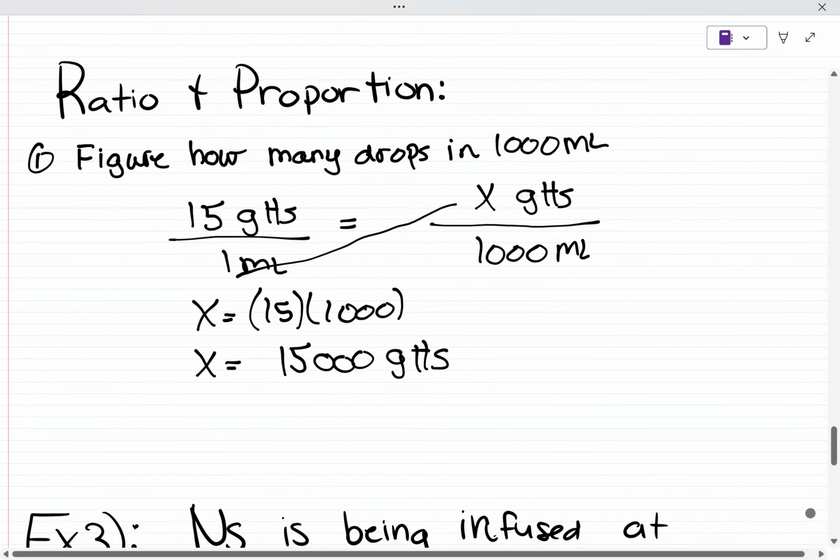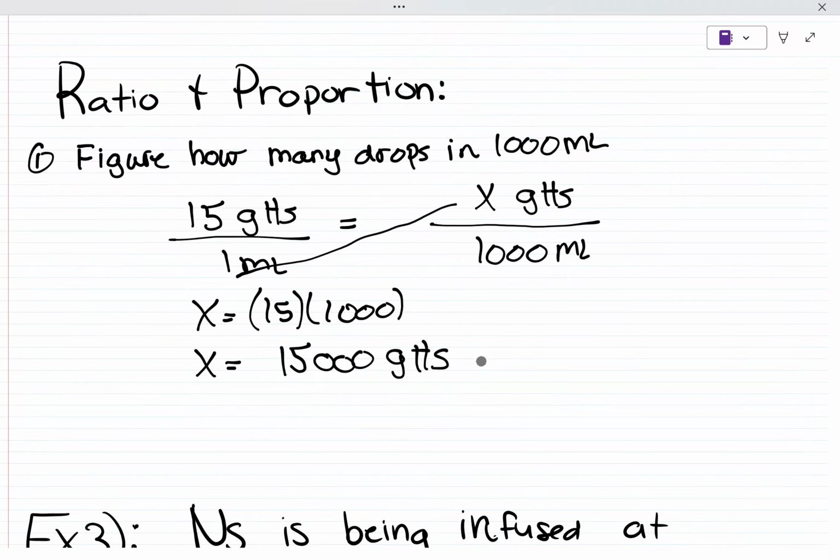Now, is that our final answer? No, we want it in hours, so we have to get rid of these drops. So we have 15,000 drops over 20 drops, right?